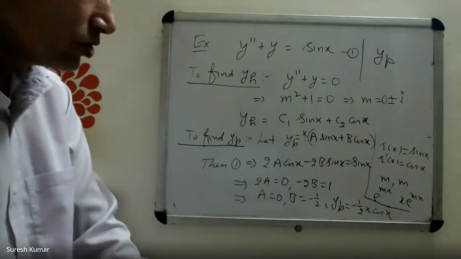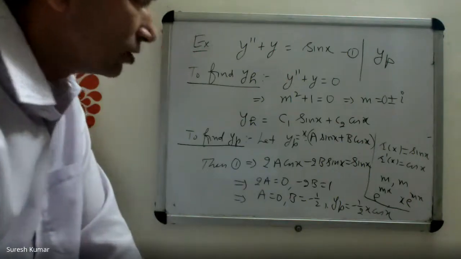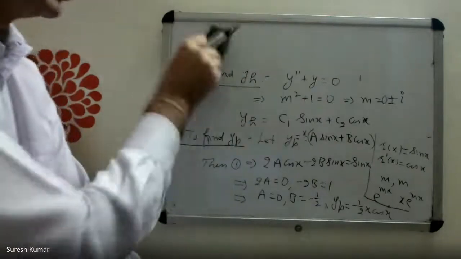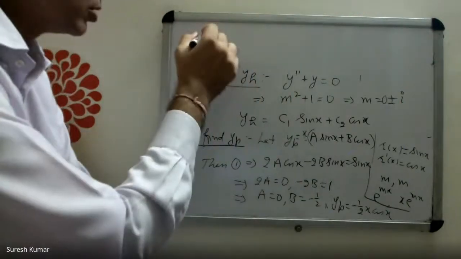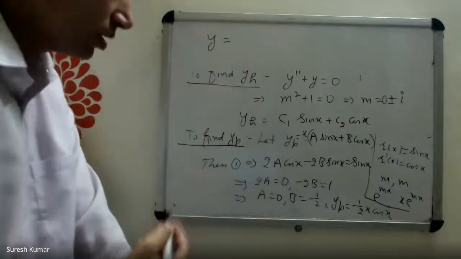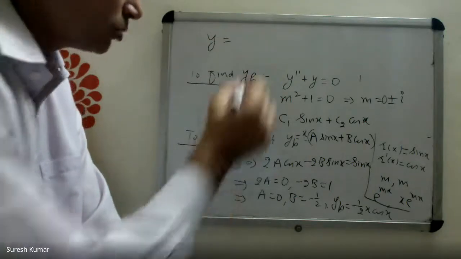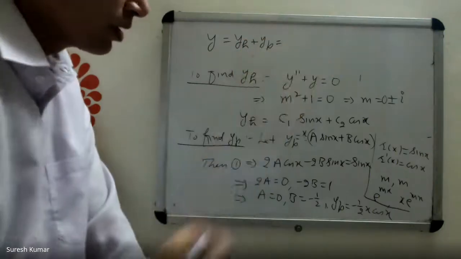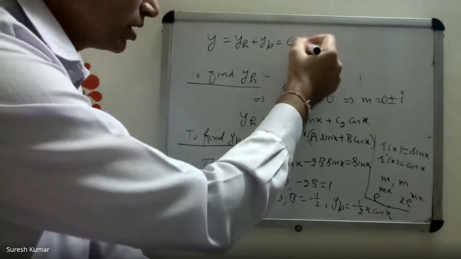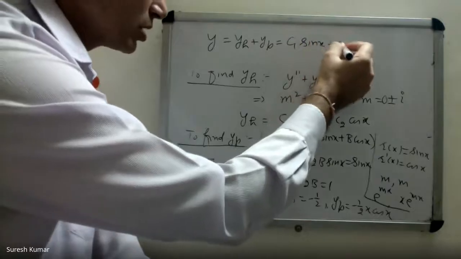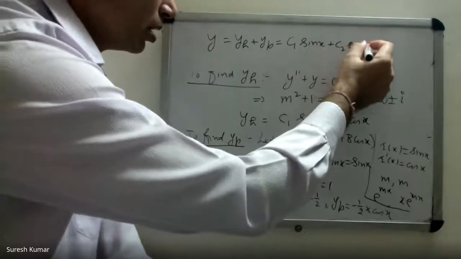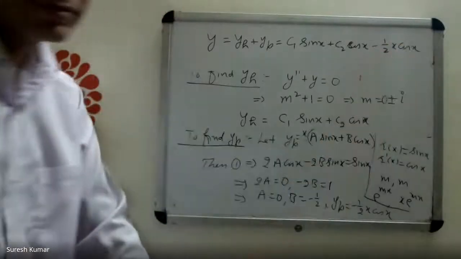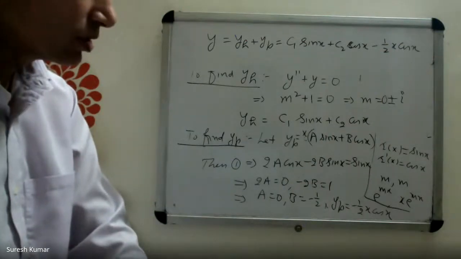So general solution should be, in the end you can write your answer. General solution of the given differential equation is given by y equal to yh plus yp. That means c1 sin x plus c2 cos x minus half x cos x.